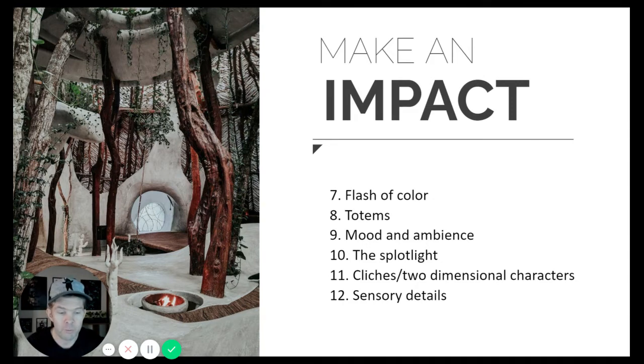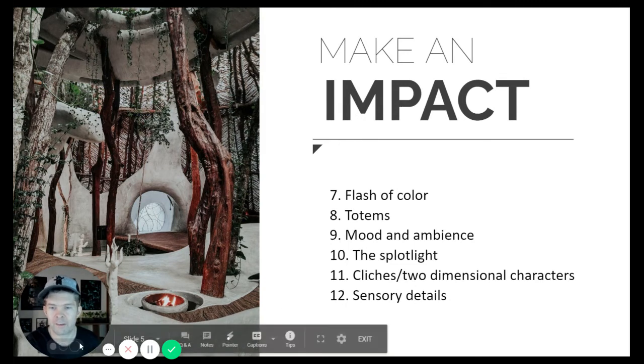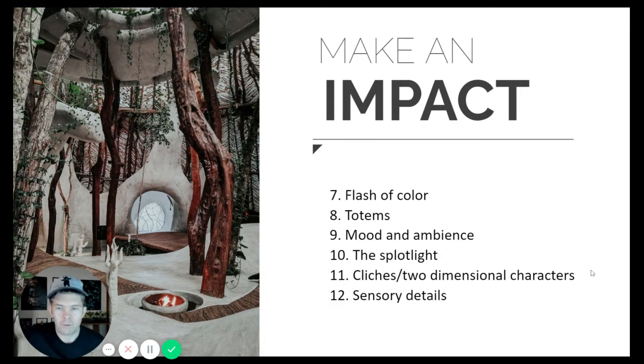Rather than describing the real scene, you are just mentioning something that readers already have experience of, and you're asking them to rely on their experience rather than telling them what it actually looks like. So I see this a lot with character description, where rather than building a real, unique, interesting character, you are just putting in a flat two-dimensional cliche.